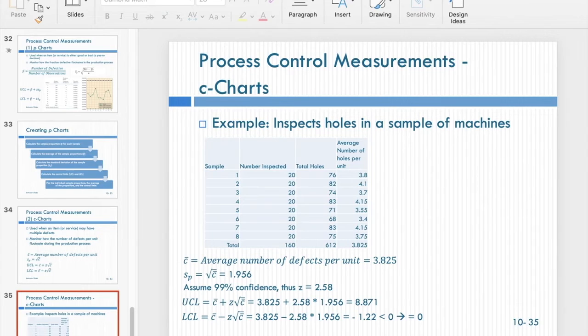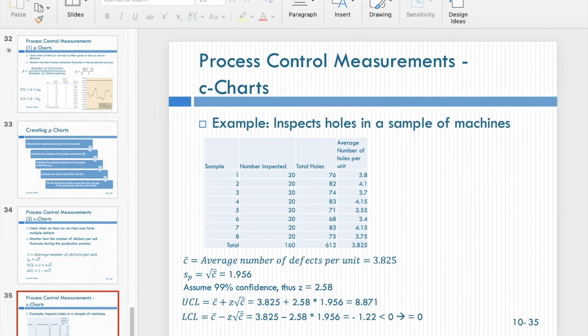So you see for every sample, although we always inspect 20 different units, the total number of holes within the sample is different. In order to get the C bar, first of all, within every sample, let's say for these 20 units, the total holes is 76.